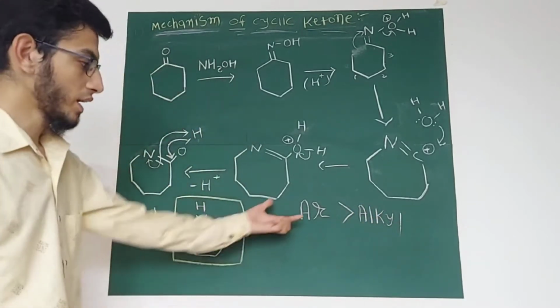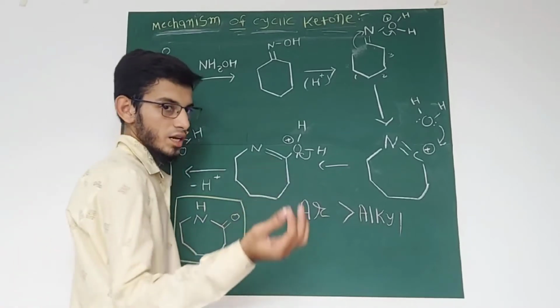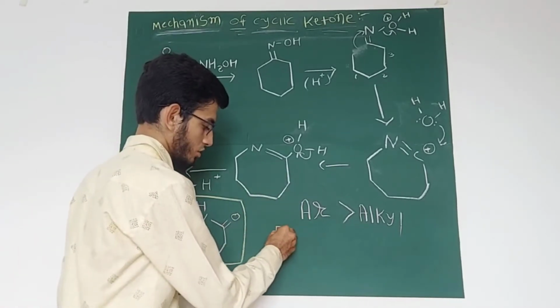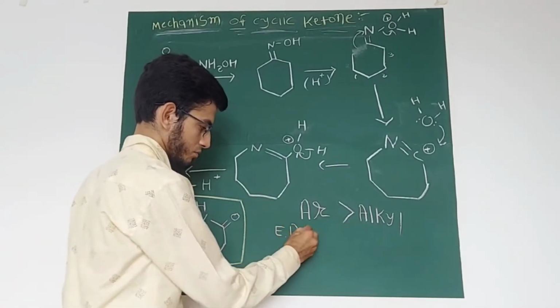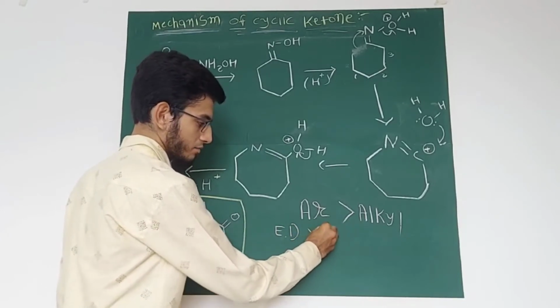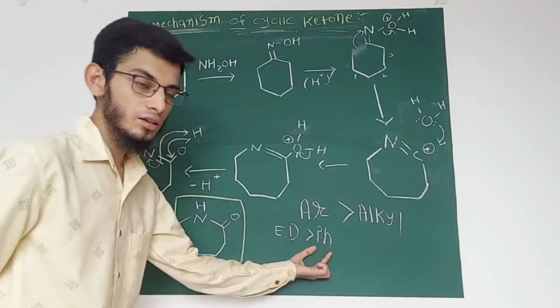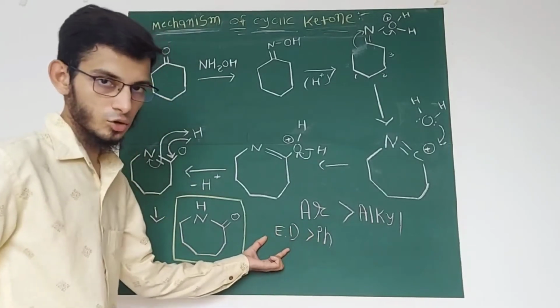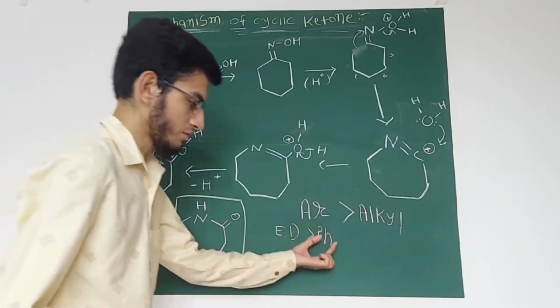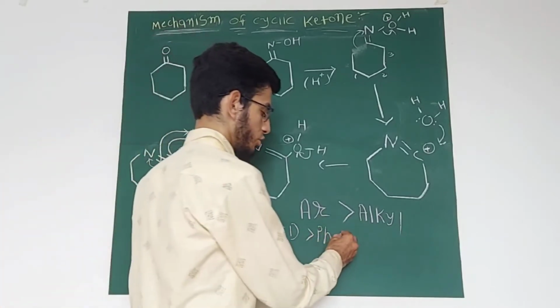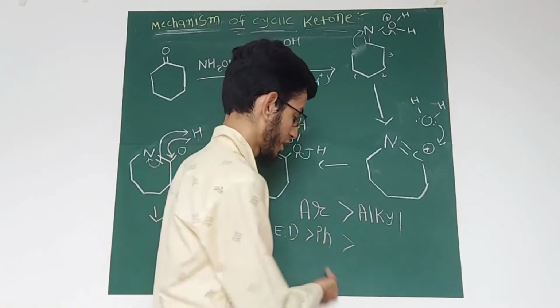In aryl, we understand that first the electron donating group, then phenyl. If an electron donating group is attached to the phenyl, this electron donating group will migrate first, then phenyl, and then the electron withdrawing group attached to the phenyl group.